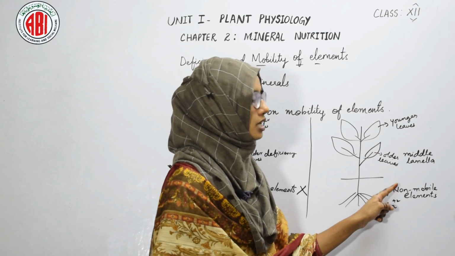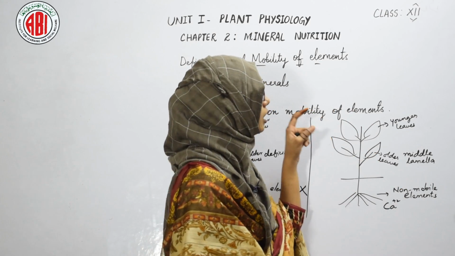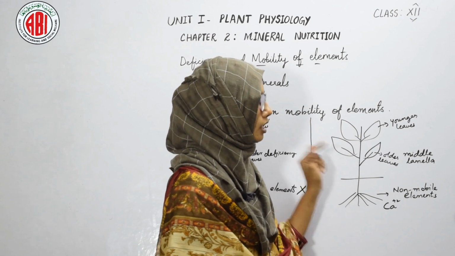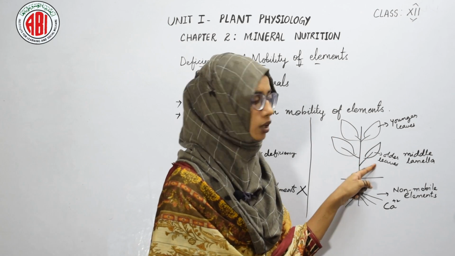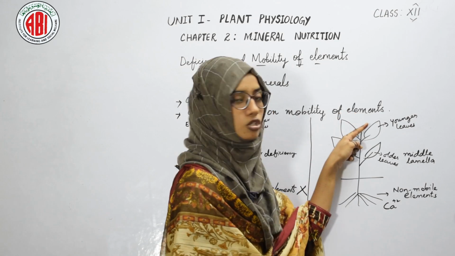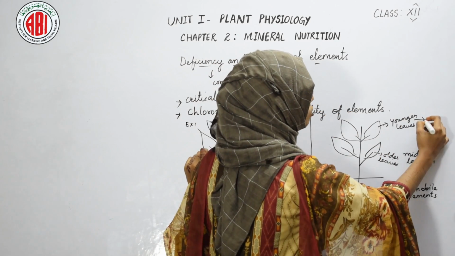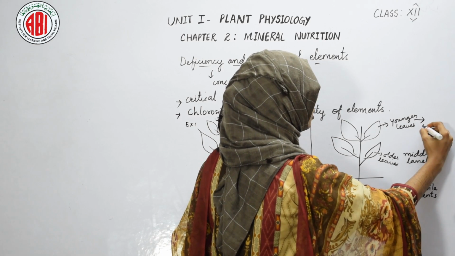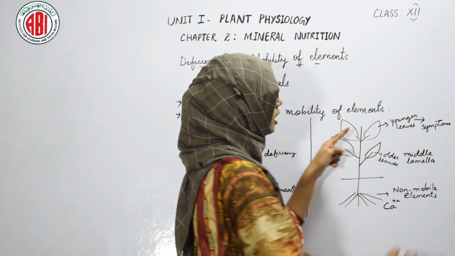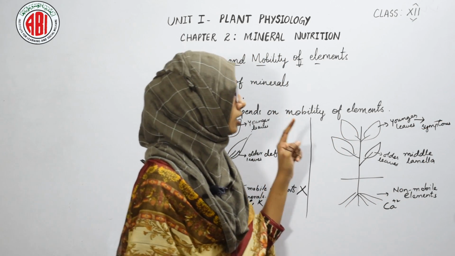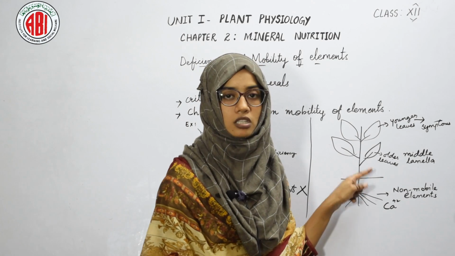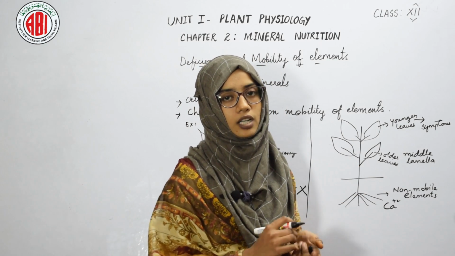Therefore, it is termed a non-mobile element, because the calcium which is present in the cell wall or in the middle lamella of the older leaves is not going to reach the younger leaves, and due to this the younger leaves show the symptoms of deficiency first, and then the deficiency symptoms of mineral ions like calcium are shown by the older leaves.